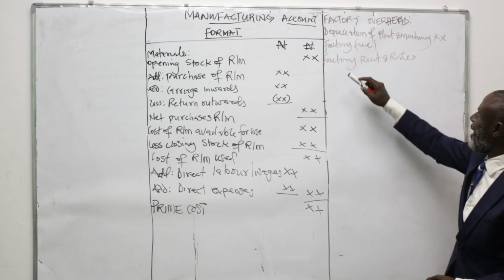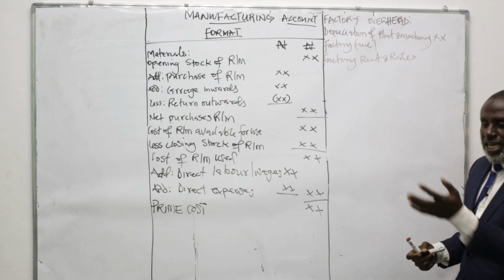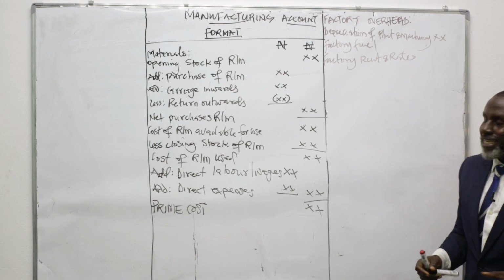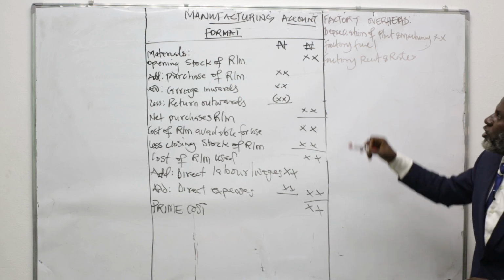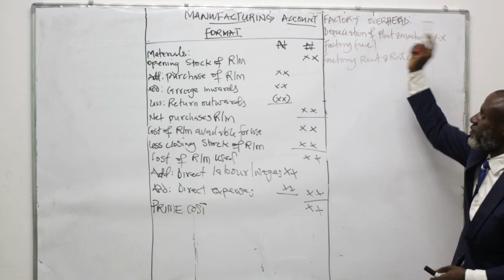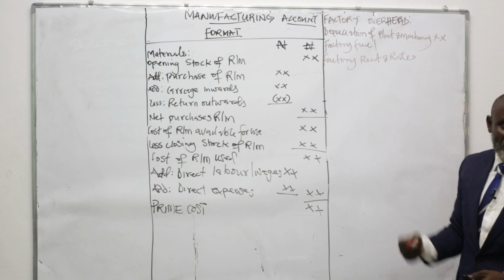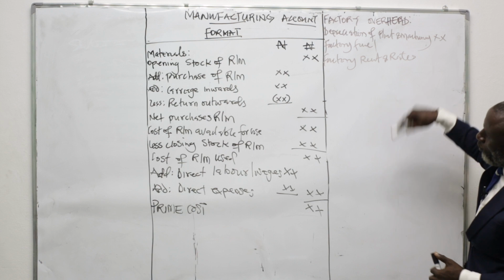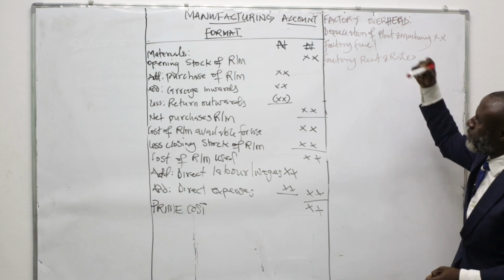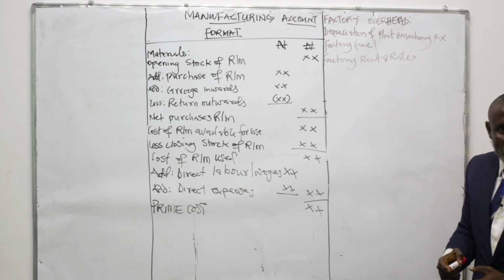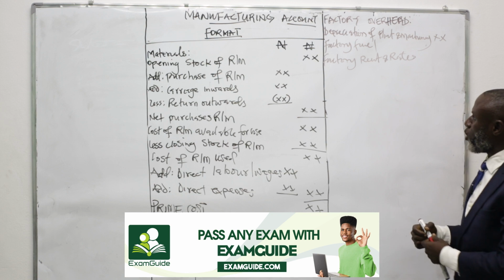Because when you talk about rent and rate, some will go to the factory, some will go to the admin offices, and then the examiner will expect you to use a certain percentage to divide these lump sums for these items of expenditure among the factory or the admin. So this is just a format. When we take a full-blown illustration, we will be able to explain by virtue of the question what the examiner will expect you to do, just to guide you properly.